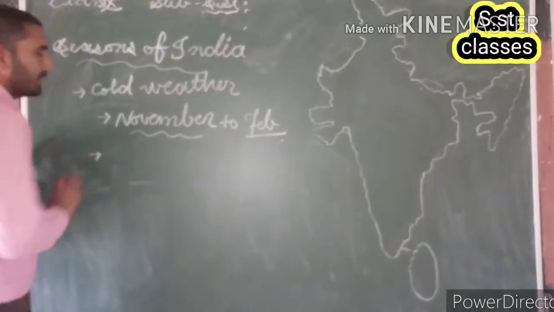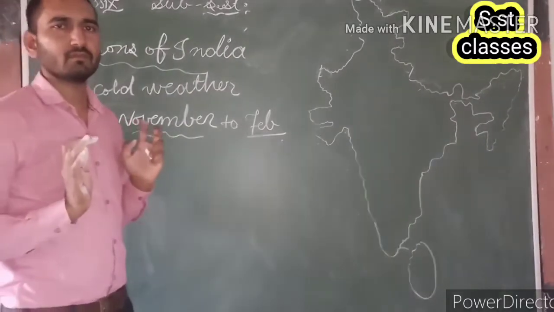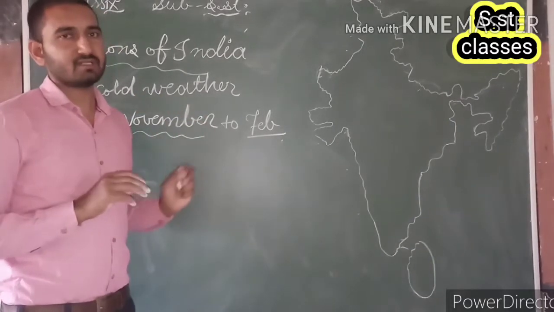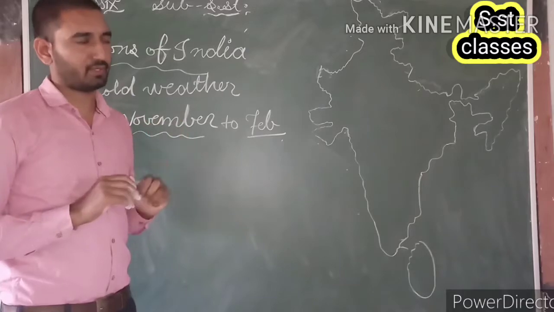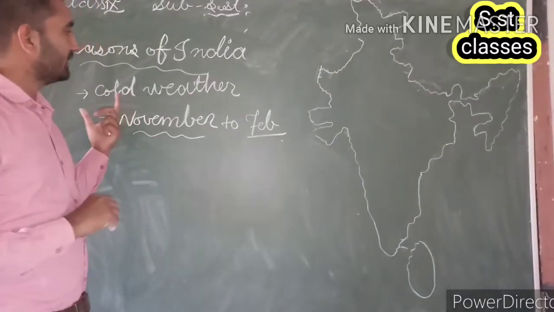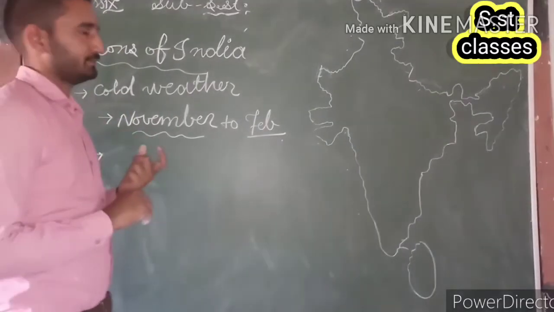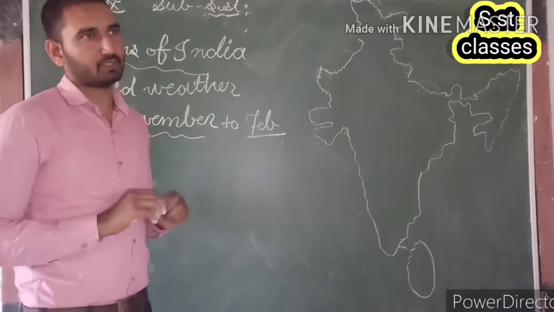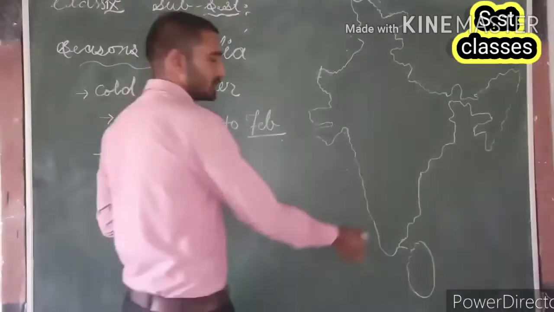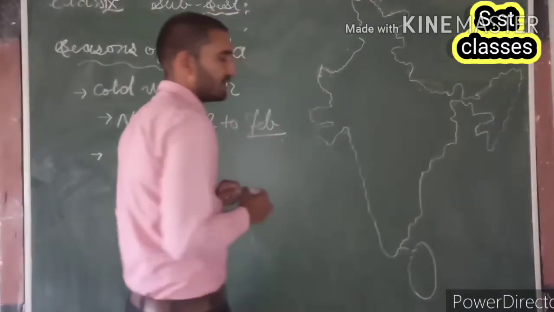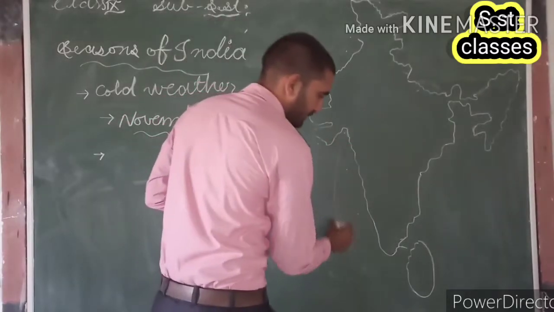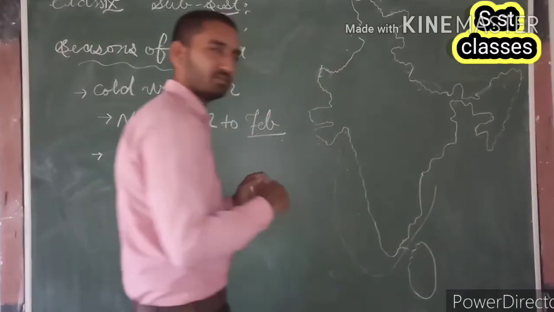During this season, in most parts of the country, we experience low temperature. That is to say, the effect of the cold weather season throughout the country is variable. The southern part of the country has a moderate effect of the sea, because it is covered by water from three sides.